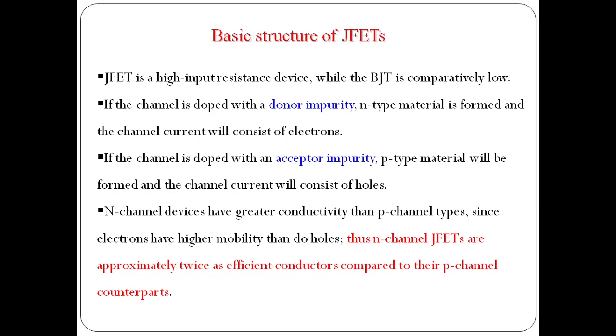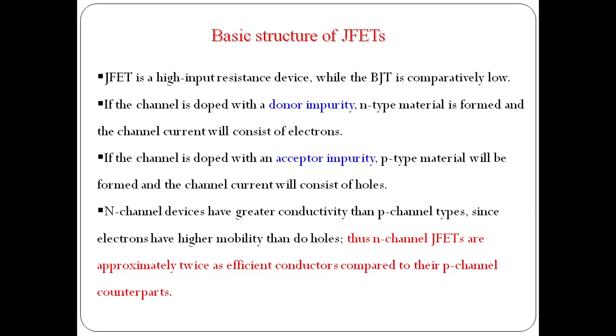If the channel is doped with donor impurity, N-type material is formed, and the channel current will consist of electrons. On the other hand, if the channel is doped with acceptor impurity, P-type material will be formed, and the channel current will consist of holes.